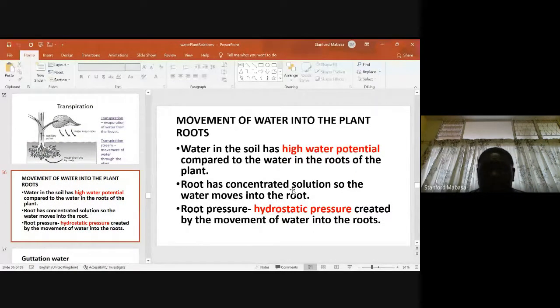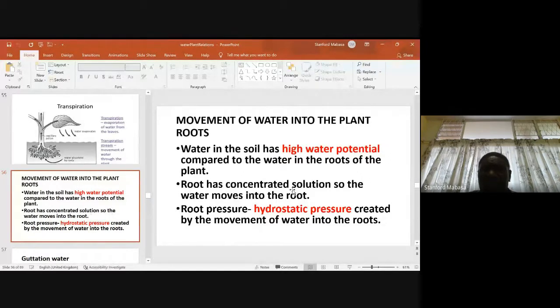So let us focus on the movement of water into the plant roots. Why should water go into the plant roots? Now, the water which is surrounding the roots has high water potential compared to what is inside the roots.